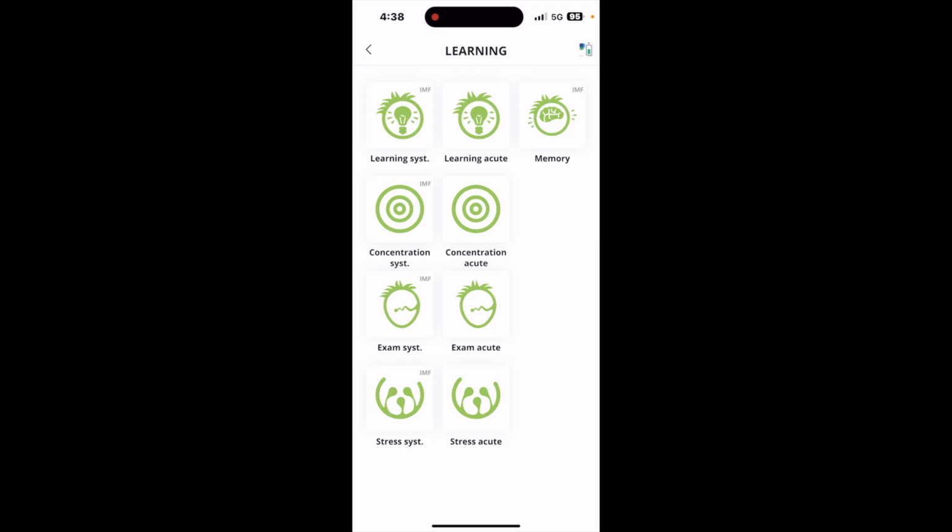And then for learning, this is actually for the brain. Just now I talked about the outer brain and the inner brain, correct not? Here it does not differentiate the outer and the inner brain. It doesn't matter. So you will just use the learning system and the concentration system. Can also use the memory.